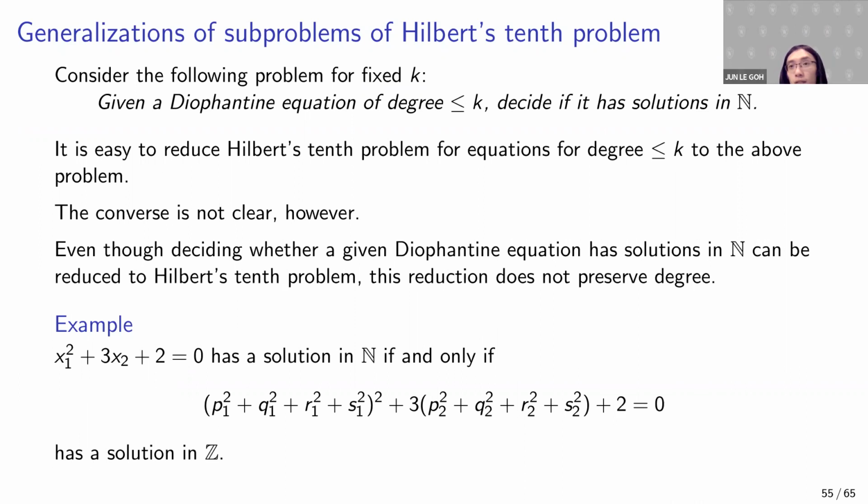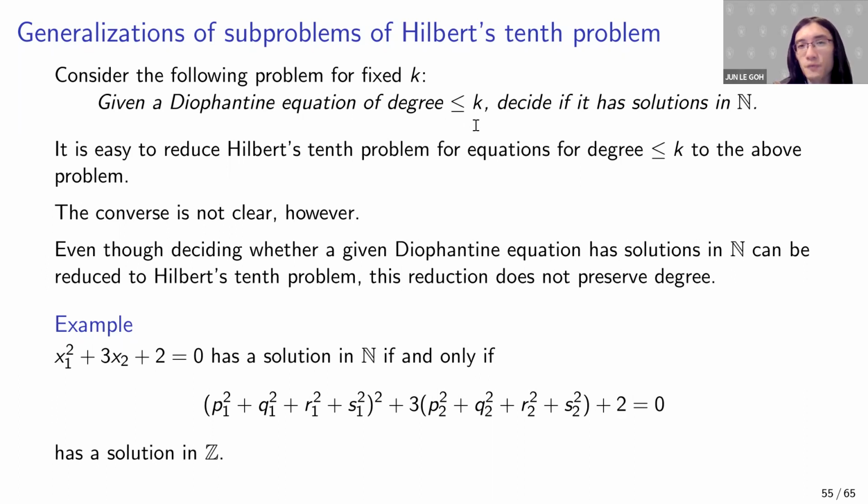Okay, so now the question is, how complicated is this problem? And there are again several open questions there. If k is at least 4, then we know exactly what's going on.